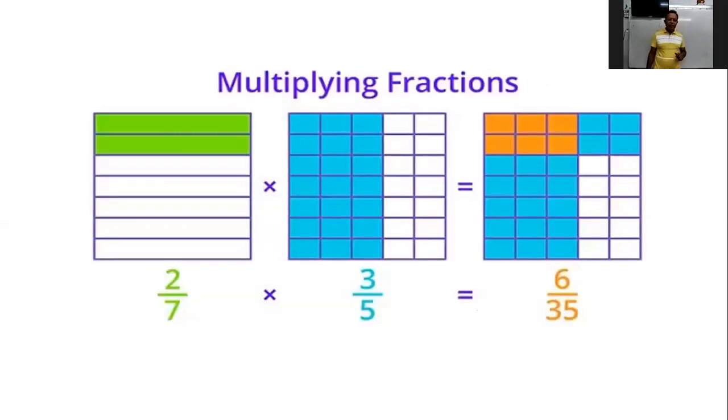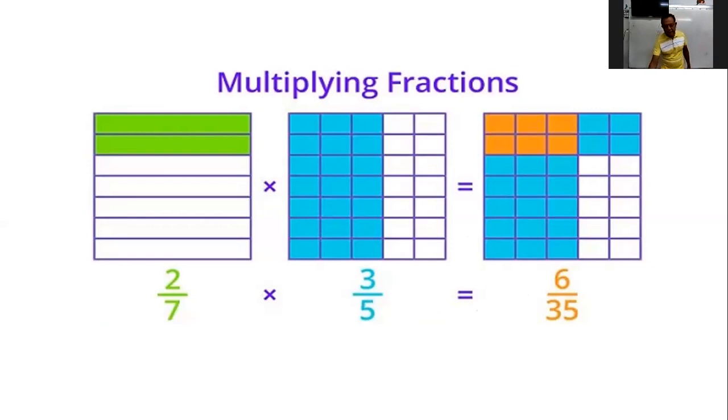Let's continue. For example, look at your screen. You have here 2 over 7 times 3 over 5. Let's try to multiply numerator to numerator, denominator to denominator. So 2 times 3 equals what?